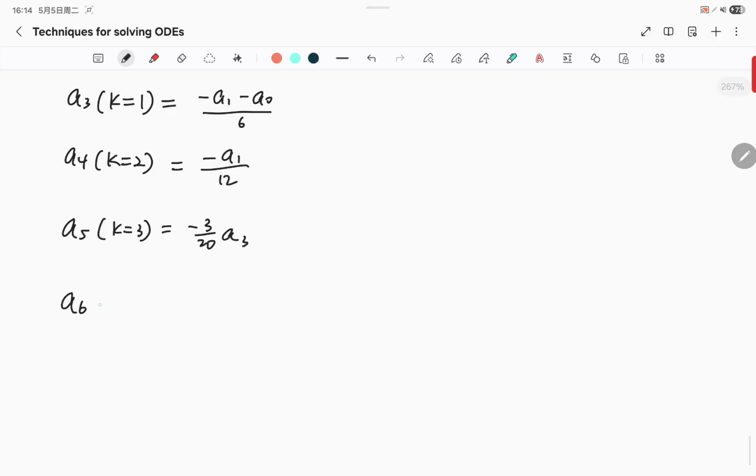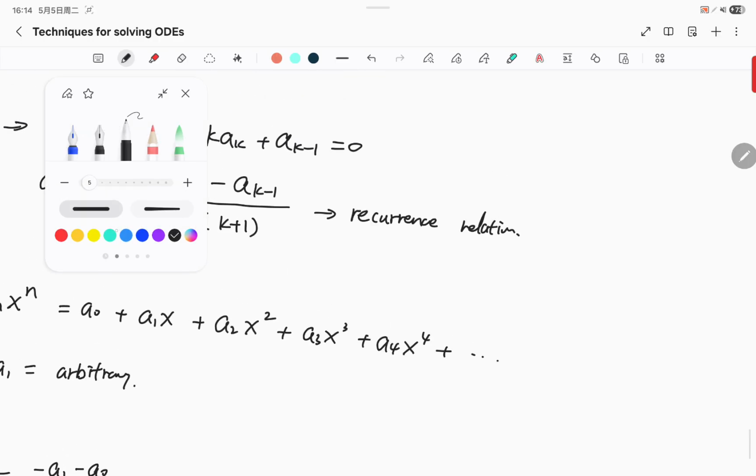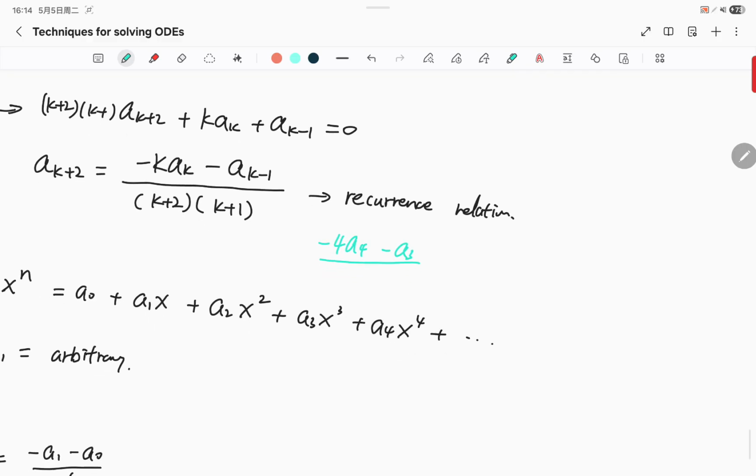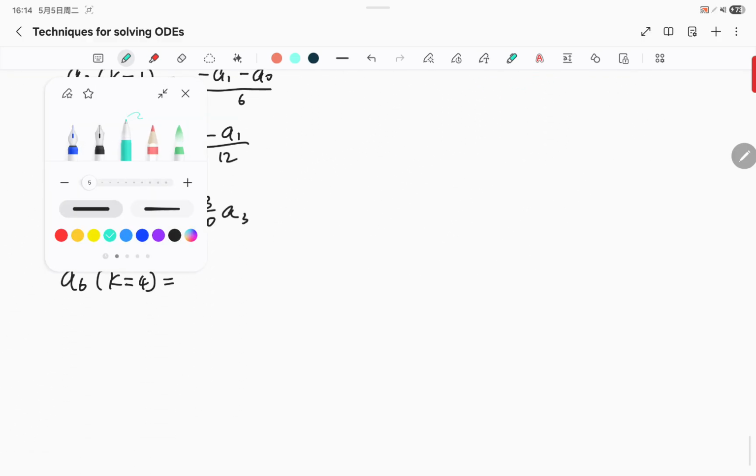A6. This is for k is equal to 4. So minus 4, a4 minus a3, over 4 plus 2, 6, times 4 plus 1, 5. That's divided by 30. So we have this relation.